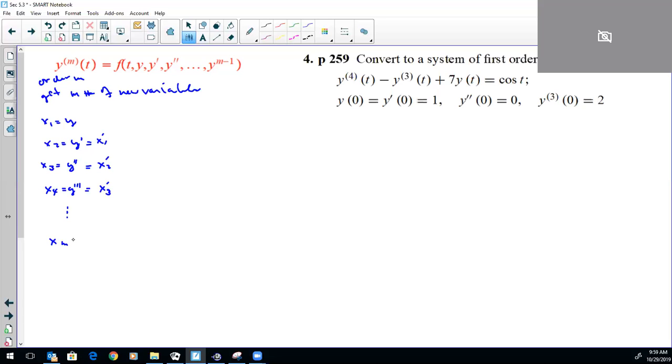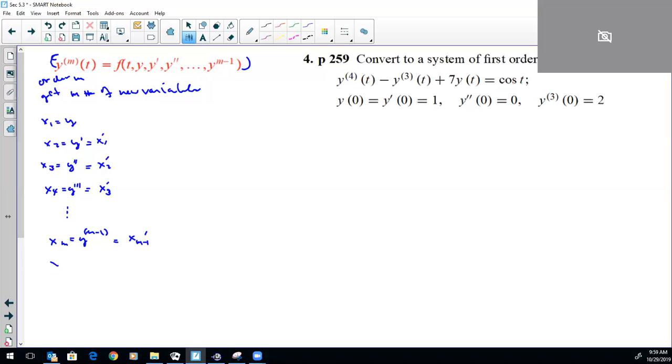xm is the (m minus 1)th derivative of y, which would just be the derivative of x(m minus 1). Okay, now putting this together, anyway, what we do when we rewrite this and substitute, take this equation here, we want the mth derivative of y.